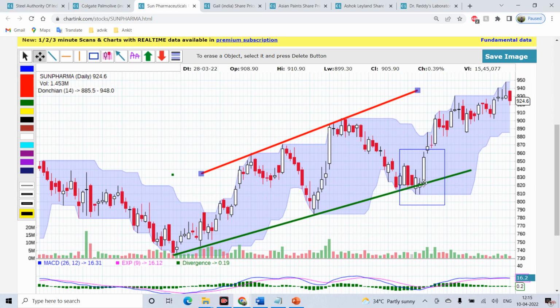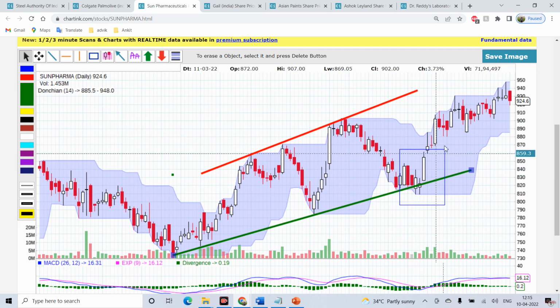Somewhere around 807 becomes your entry point. Below 800, or at least 790, becomes your stop loss, and then you look for at least a 7 to 8% target. So from this point, something around 850 or 860 becomes your target, which has already been achieved.